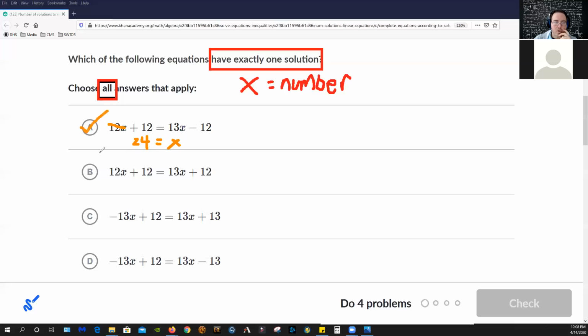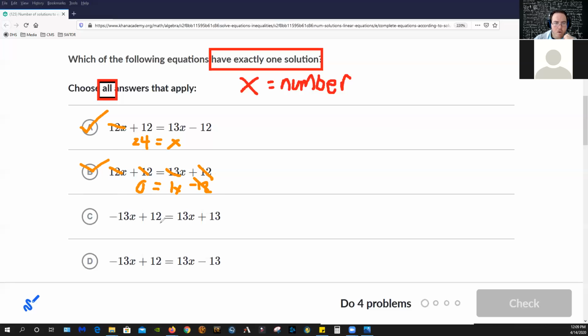So yeah, this ends up with one answer. With this one, if I were to take away 12x from both sides, I'd end up with 1x again. And I could take away 12 from both sides. So x equals 0.